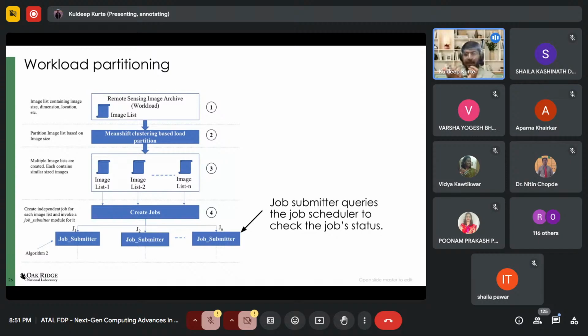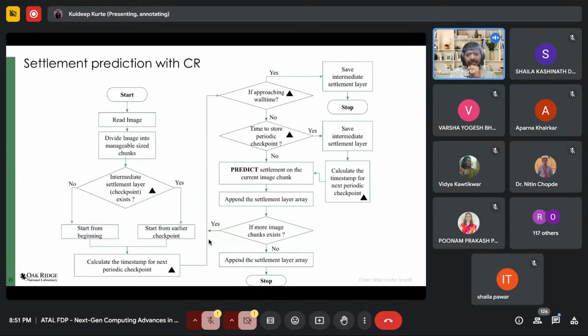That termination might be because of runtime failures, or it might be because of hitting the maximum wall time limit due to Titan's scheduling policy. So those checks need to be done at the job submitter level, and this is the flow chart.